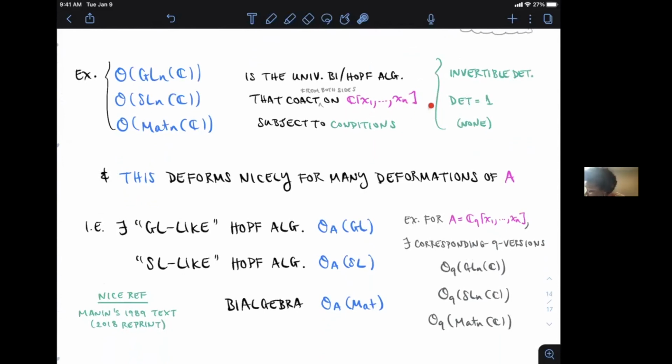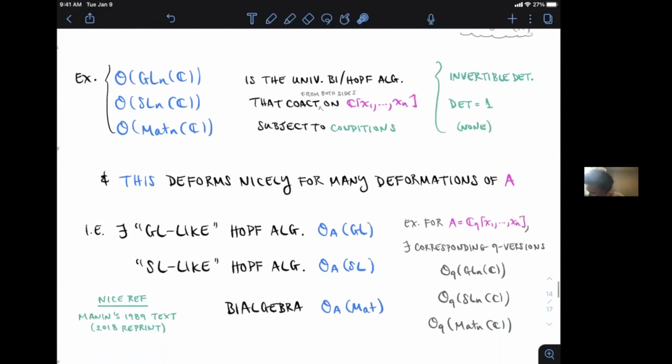If I were to replace this with a deformation, oftentimes these universal gadgets come along for the ride as well. This is all written up really nicely in a book of Manin, 1989 text. I highly recommend looking at the 2018 reprint. Really cool book. So there are universal Hopf algebras that act or coact universally. They do exist.